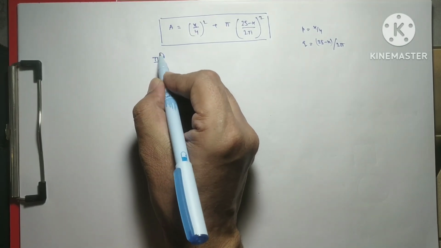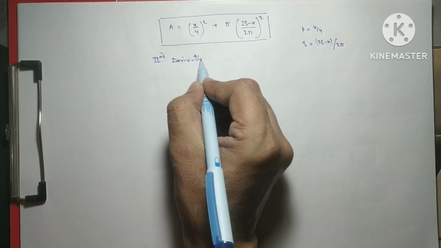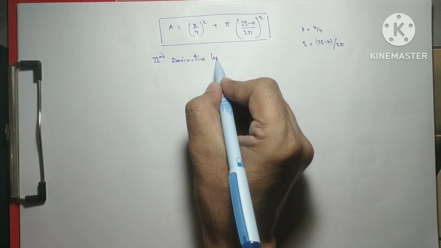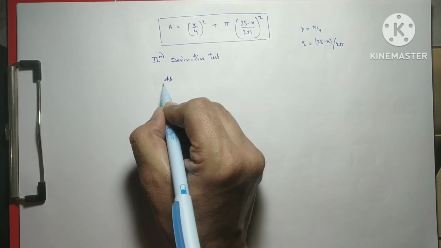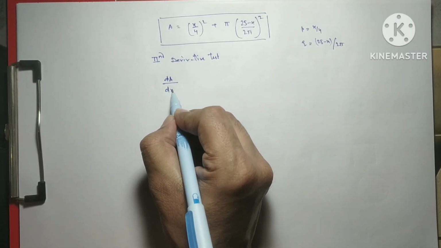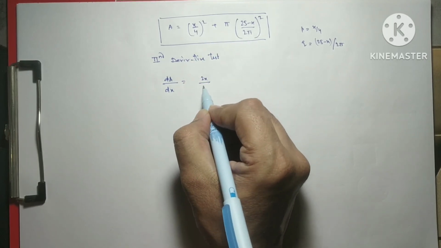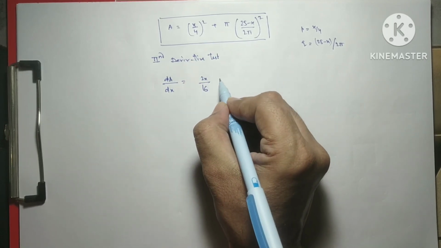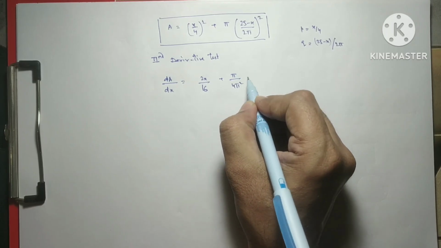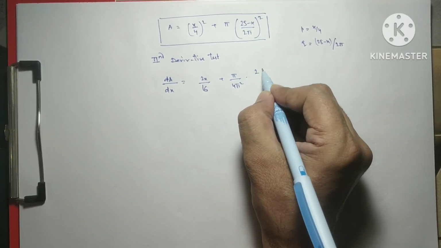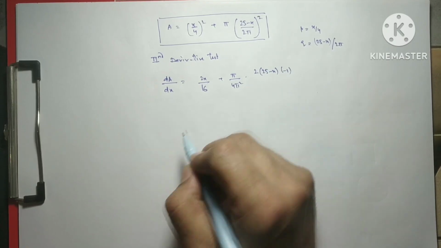According to the second derivative test, first we will differentiate it and get the first derivative. So it will be 2x over 16 plus twice of 25 minus x into minus 1 over 4 pi square times pi.